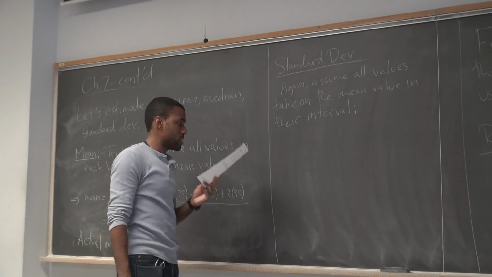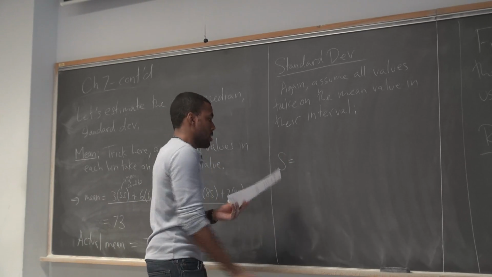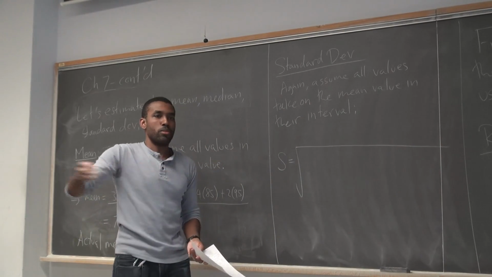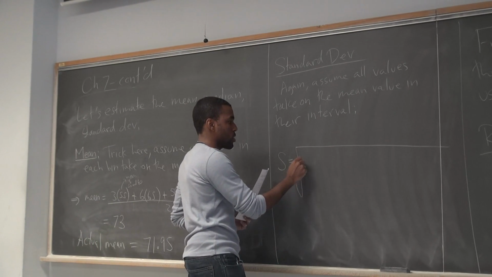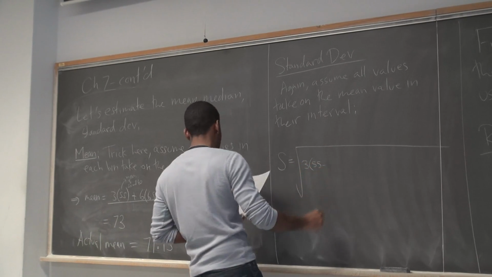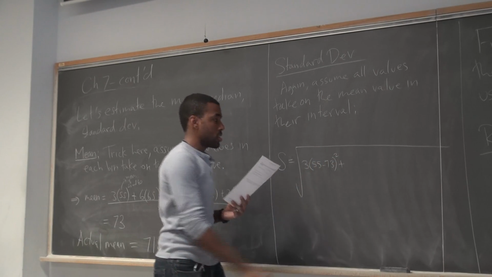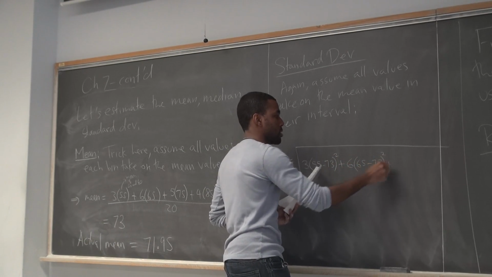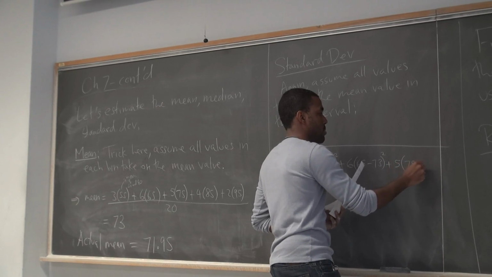And so now I can compute my standard deviation using that formula. But now I don't have to do the formula with 20 terms in it. I can cut it down. I know there are 3 terms where I'm going to use the estimate of 55 minus the mean, 73. There are 6 terms where I'm going to assume they're 65 minus the mean. There are 5 terms where I'm going to assume they're all 75.